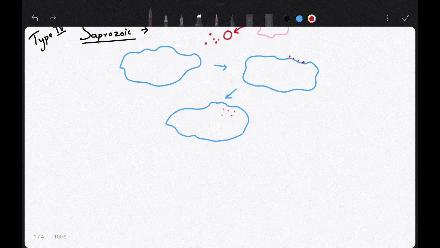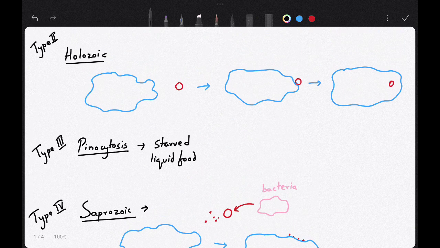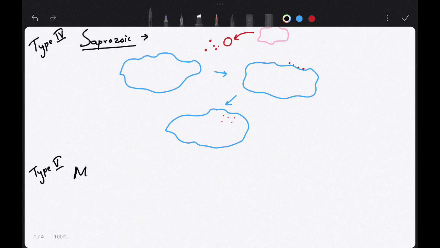The next is mixotrophic nutrition, type 5. I hope from the name it is clear. Mixotrophic means mixed, so they consist of different modes of nutrition.